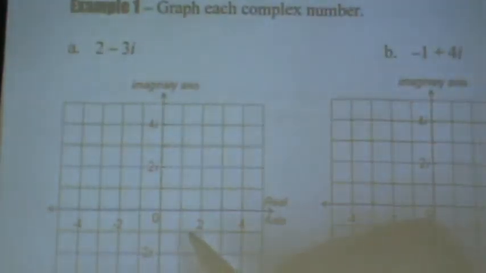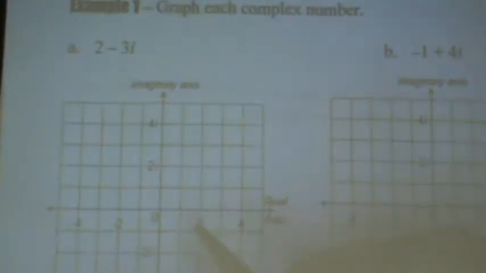Okay. The first thing I'm gonna show you how to do is how to graph a complex number. And I bet this is gonna be new to you guys. How do you graph these? Well, do you remember yesterday when we talked about which is the real part and which is the imaginary part? The a value is the real part.